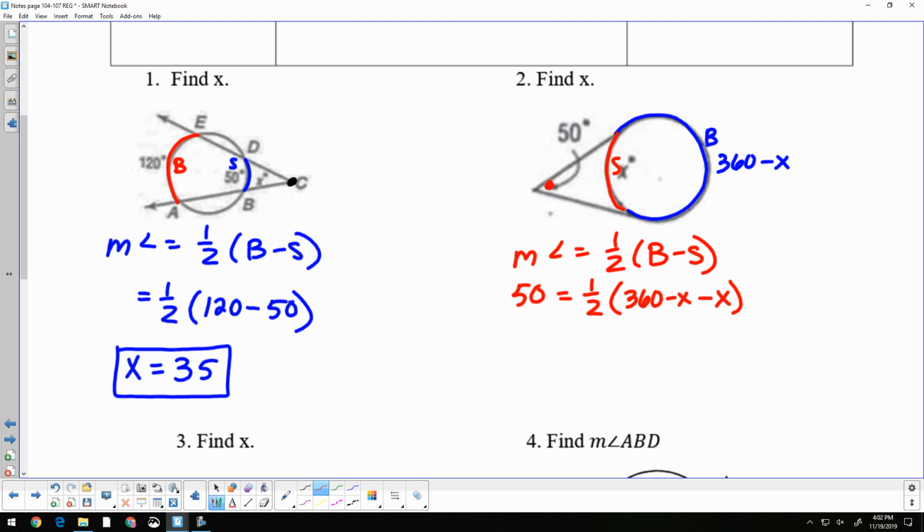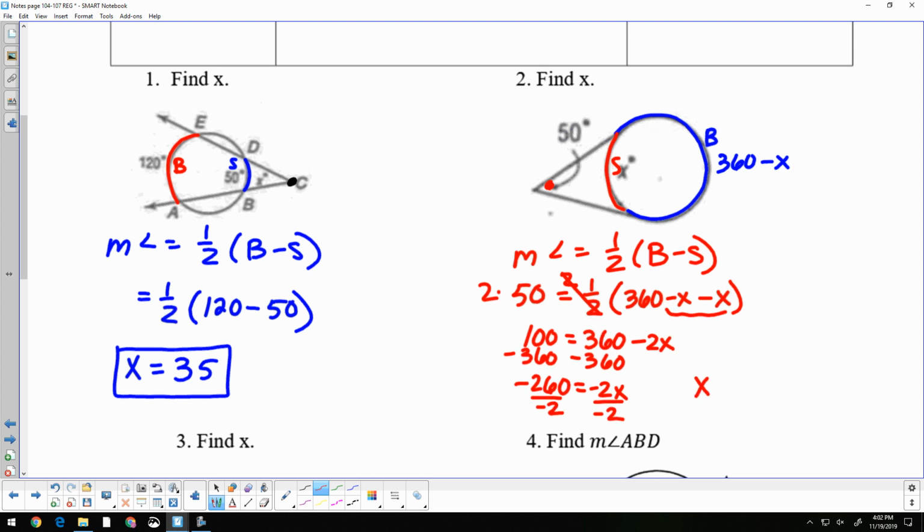So I'm going to actually multiply by 2 to get rid of this fraction. And at the same time, I'm going to combine my like terms. So I end up getting 100 equals 360 minus 2x. So then I'm going to subtract 360. I get negative 260 equals negative 2x. And I divide by negative 2 to find out that x equals 130.